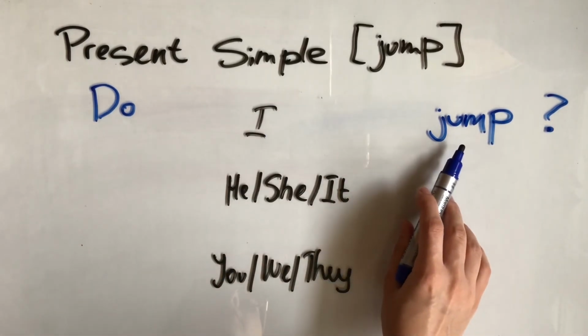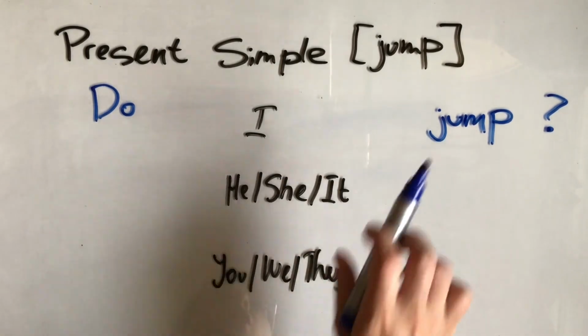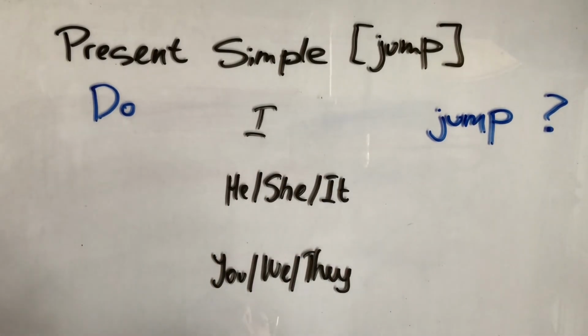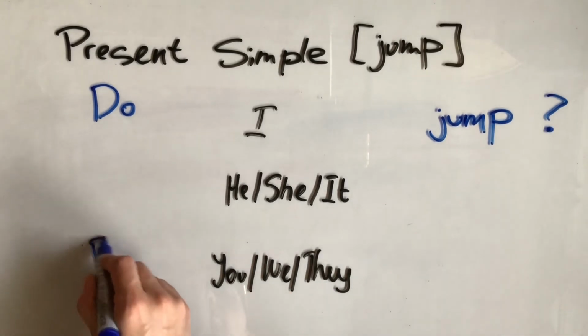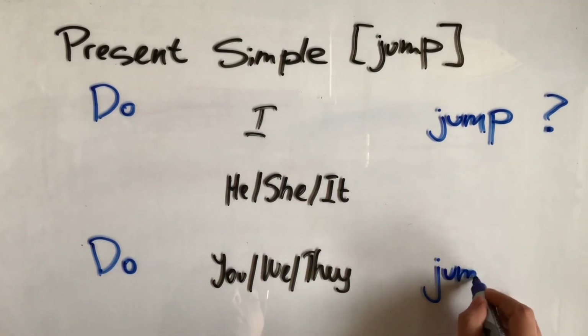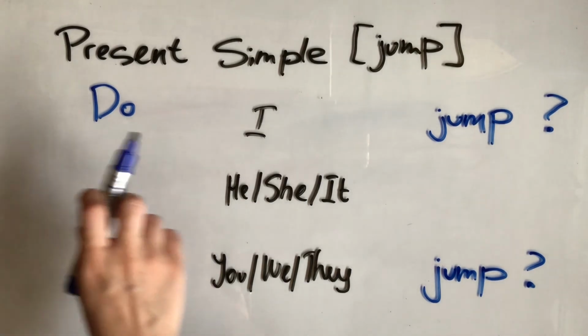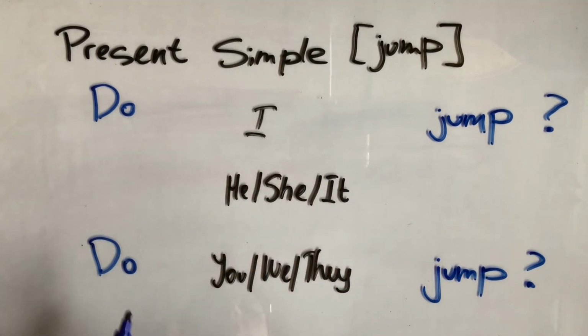And the verb follows. Do I jump? Same happens with pronouns you, we, and they. Do you jump? Do we jump?